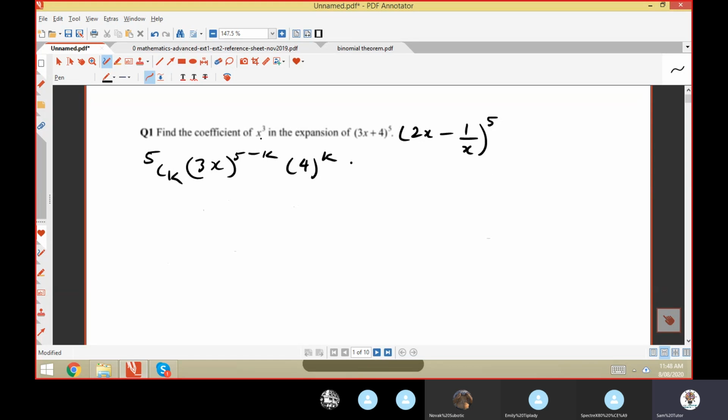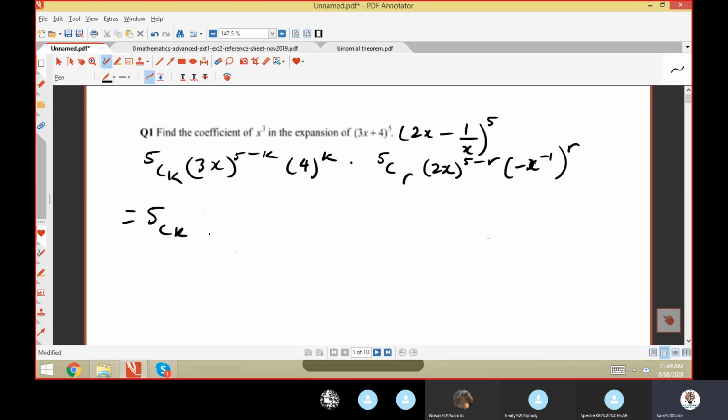And we want to find all the x cubed cases. So the first thing we know we've got to do is find our formulas for each individual case. So we've got that, and now we need it for this guy, which is going to be 5 choose r, 2x to the power of 5 minus r, and then negative 1 on x to the power of r.